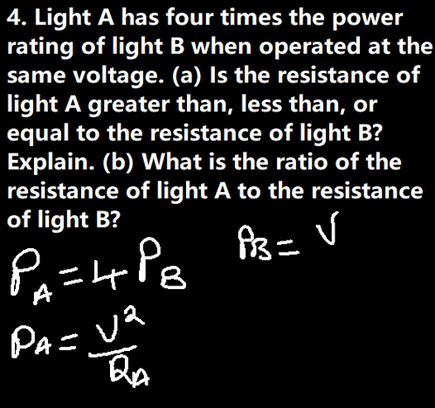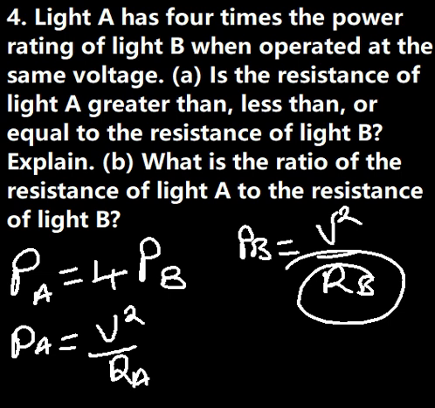We'll have it as V squared over RB, which is the resistance for light B, since the voltage is the same. Now we are sure that the two powers are rated in the sense that PA is equal to 4 times PB.